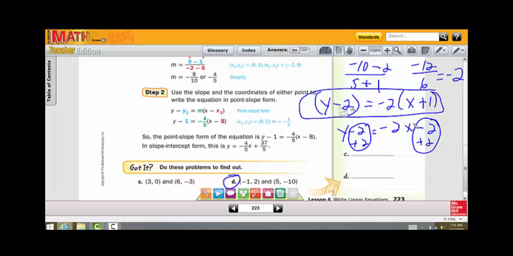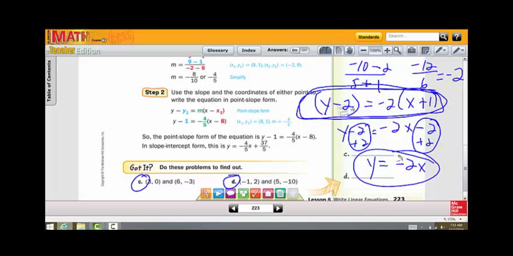Missing an equal sign here. We have y equals negative 2x. So again, really check this one, and for letter C as well, it was really about the slope-intercept form, because there are two different points and you may have chosen a different set of points for this equation here. As long as this is correct, you did it properly.